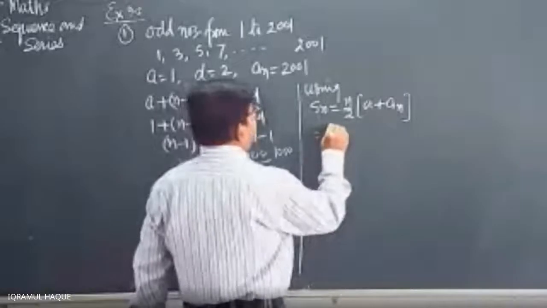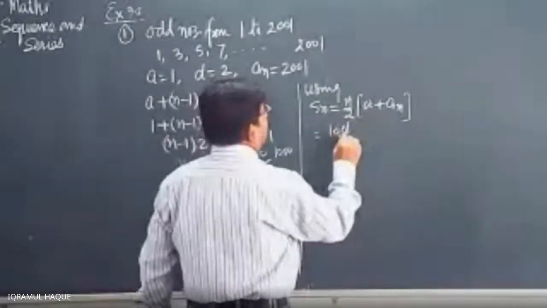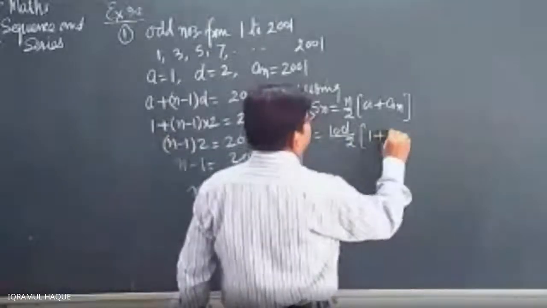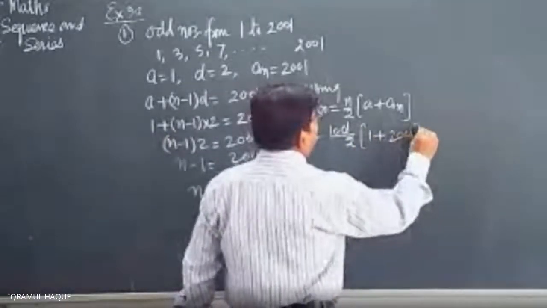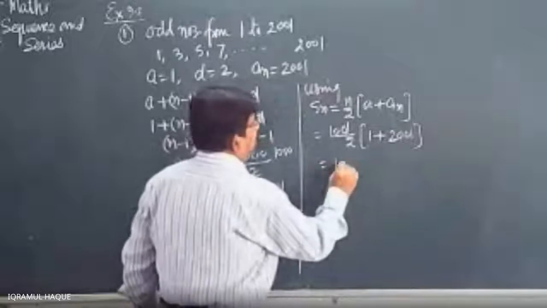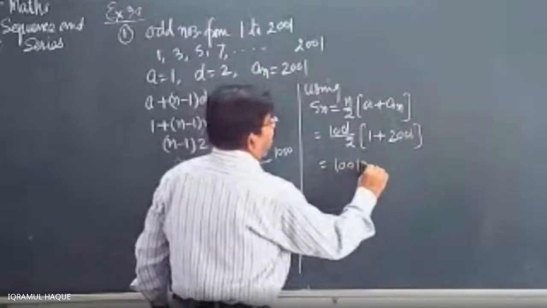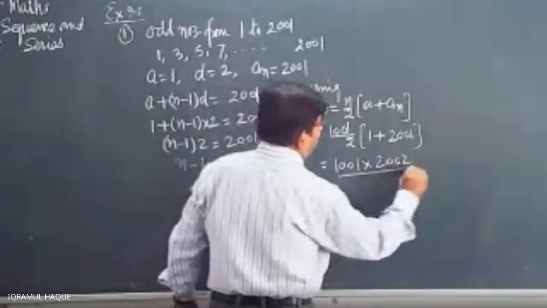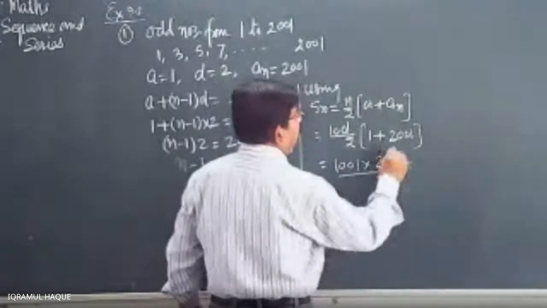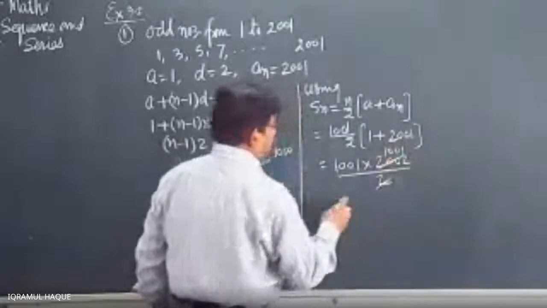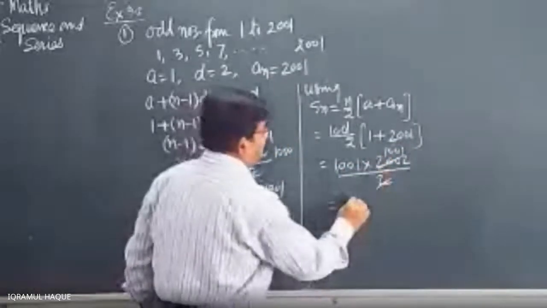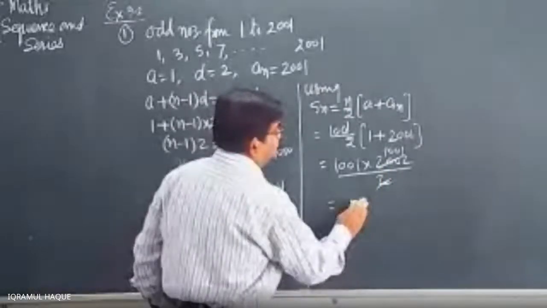So this is 1001 upon 2, a is 1 plus an is 2001. We have 1001 into 2002 upon 2. This will go again 1001 times. Finally, we will multiply 1001 into 1001.